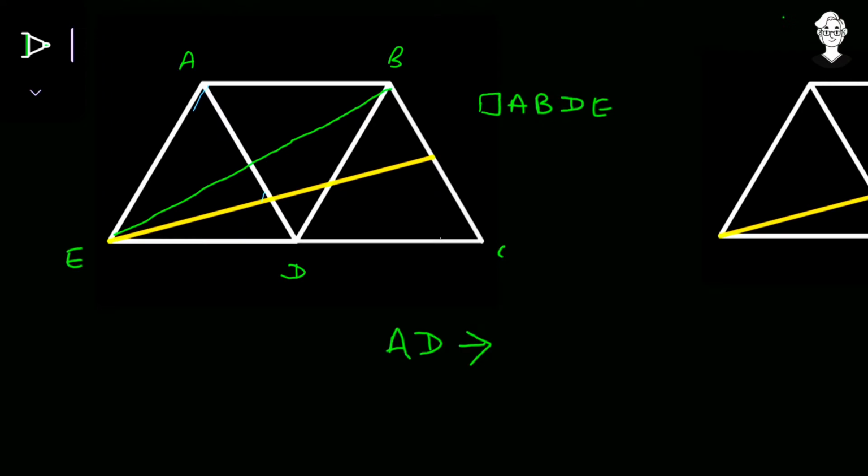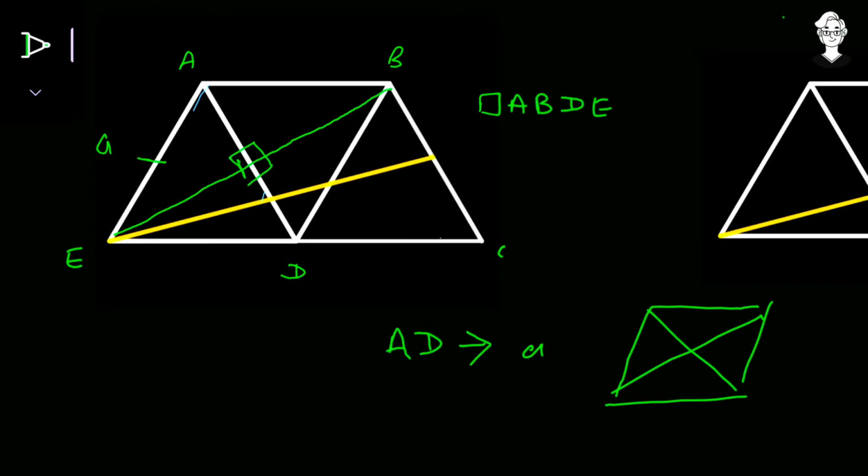And I think I should name the side of this equilateral triangle with a variable, so I'm taking the side of the equilateral triangle as a. So AD is also a side of the equilateral triangle, the first one. So AD is equal to a, and as I told you, in a rhombus the diagonals meet at 90 degrees, so I'm marking 90 degrees over here. All these four angles are 90 degrees, and it also bisects the diagonal, so this and this are equally bisected.